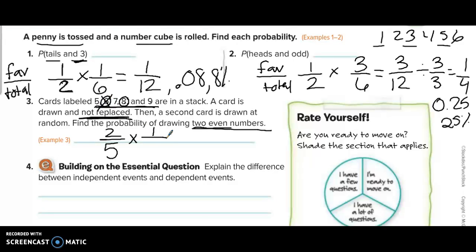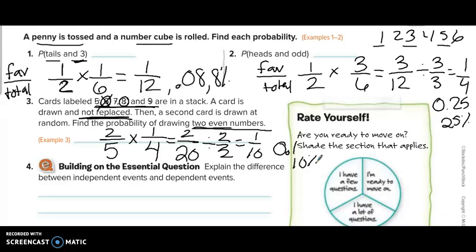But I have 1, 2, 3, 4 cards left. So now I can calculate 2 times 1 is 2, 5 times 4 is 20. You can divide the top and bottom by 2 to get 1/10, which is 0.1 as a decimal, or 10%. This one was a dependent event.